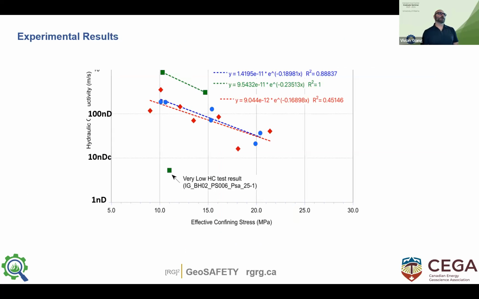So just some numbers to get a range of what we're dealing with. I put it in nanodarcy because that was the audience I was presenting to, but we're down at minus 20, minus 21 meters squared, minus 14, minus 15 meters per second for permeability measurements. You can see just some data from that report.